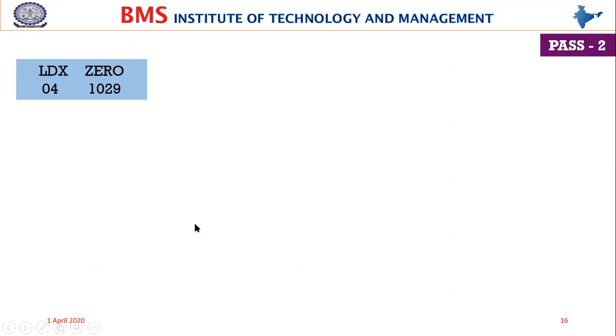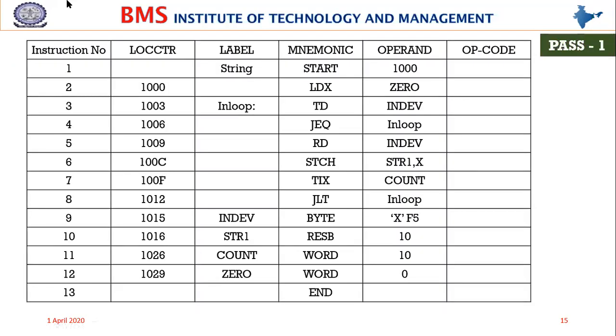We'll take up this program. This is a program which is going to read 10 bytes of data from your input device and every time store it onto the variable string one.